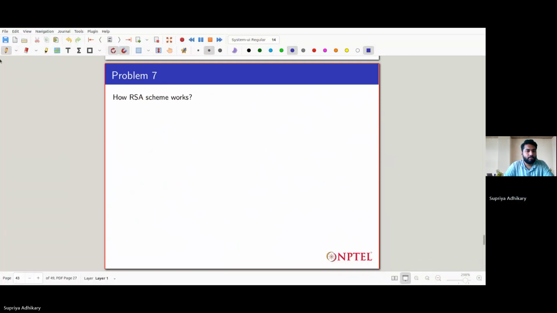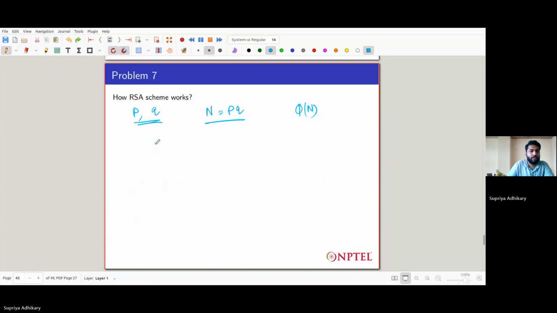Okay, so now next look at how the RSA scheme works. So in RSA, first we generate two prime numbers P and Q, and we set n is equal to PQ. And we also compute phi n. Phi n is basically the number of elements in Zn that are co-prime to n.